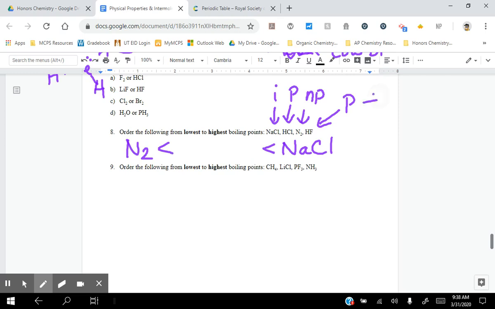With HF, you have H bonded to F, so this also experiences H bonding in addition to dipole-dipole, whereas HCl is dipole-dipole only paired with its London dispersion forces. So for that reason, HCl, since it does not have H bonding, is going to have a lower boiling point than HF.